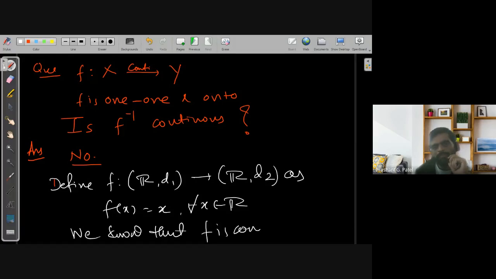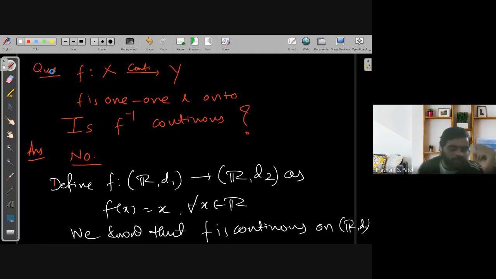And this is the identity map, F of x is equal to x. That means it is 1-1 and onto also. There is no problem, this is the identity map, so it is 1-1 and onto. So there is no problem for the inverse also. So we can also note that this F is 1-1 and onto.